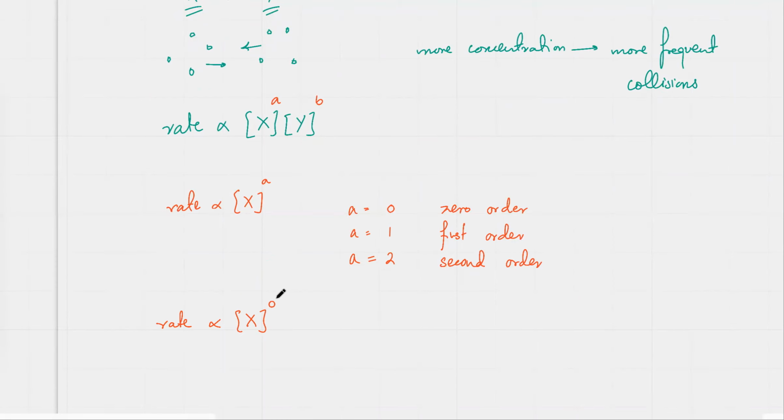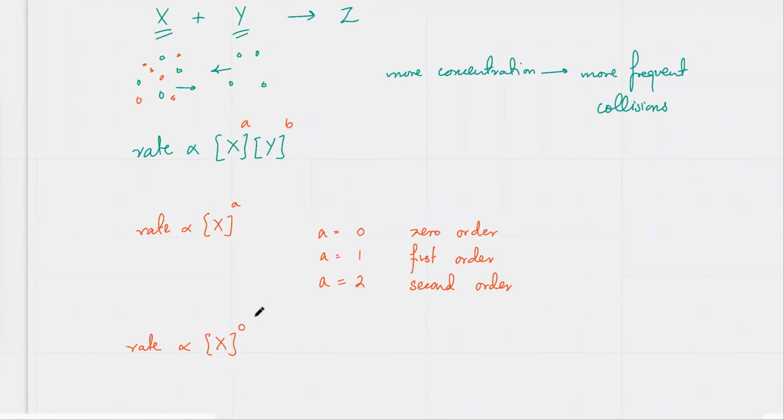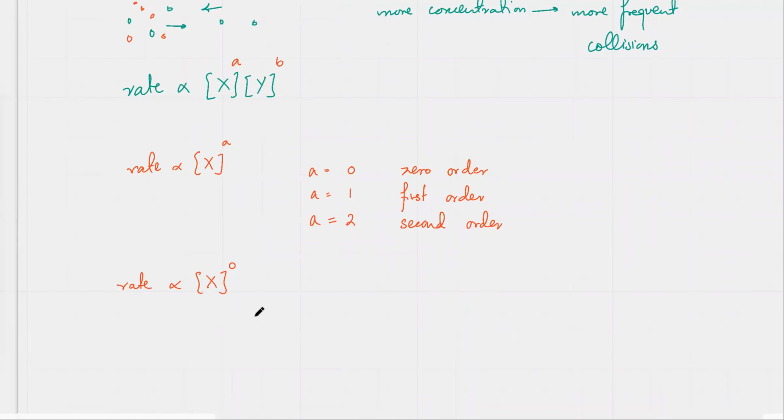What that power 0 means is you put in any value of X. I mean, you increase the concentration of X or you decrease the concentration of X. Nothing would happen to the rate of the reaction. The reaction would happen at the same speed.